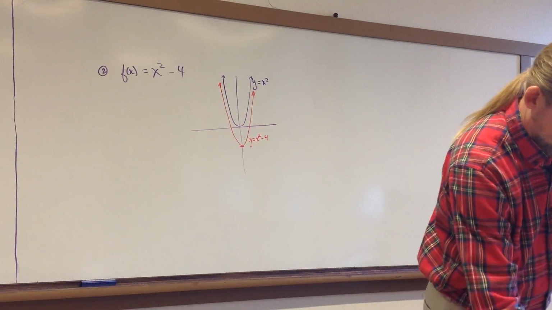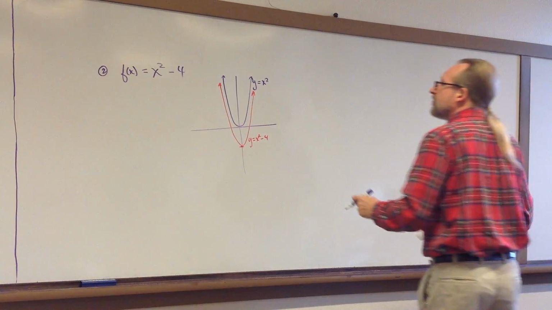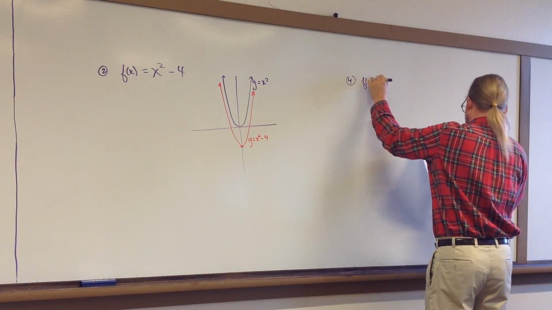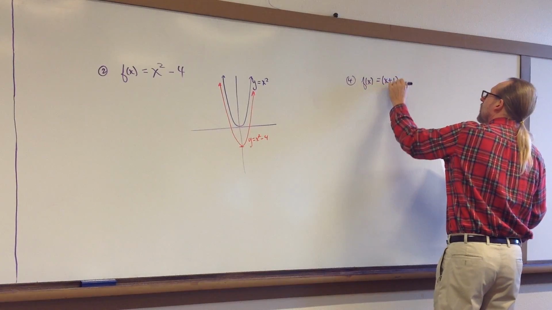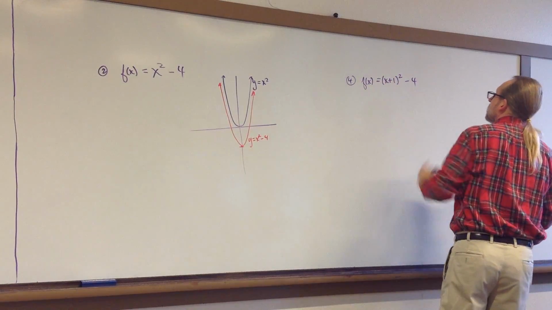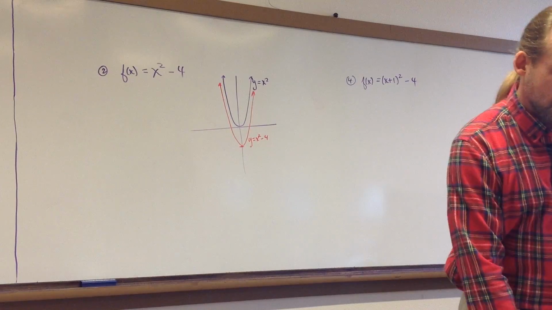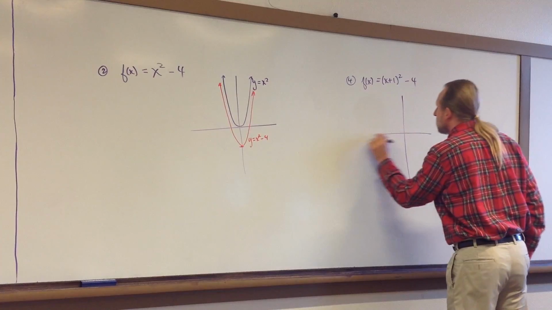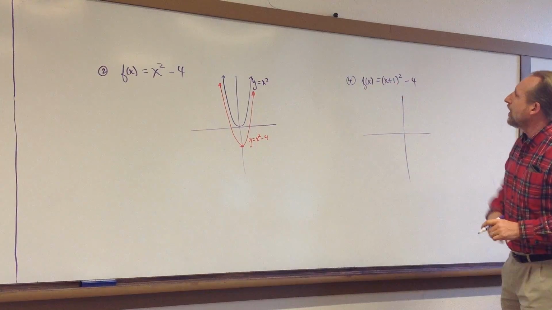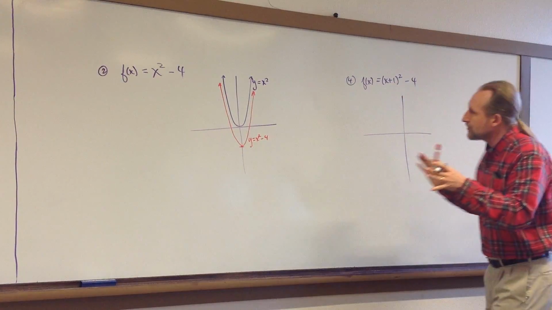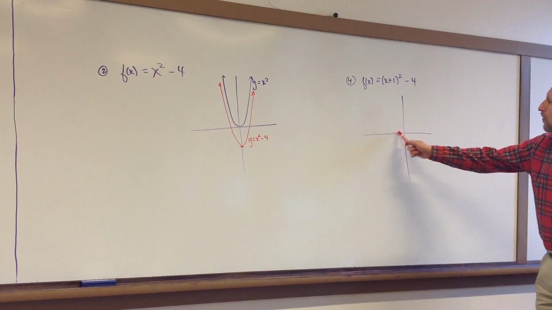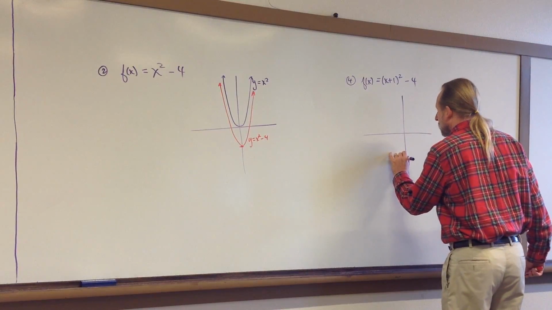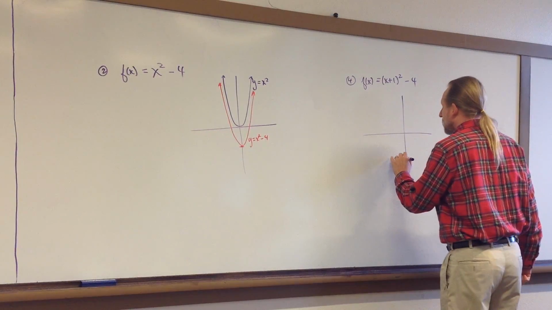Problem 4. We've got f of x is x plus 1, all squared, minus 4. Similar process, except this time the plus 1 inside the parentheses is going to shift the parabola 1 unit to the left and then down 4 units. That's going to put the vertex here at negative 1, negative 4.